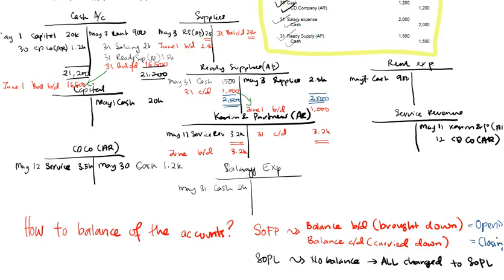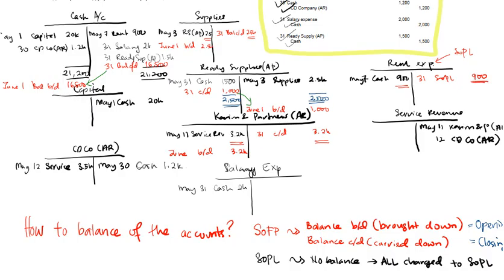Then, what about rent expense? Rent expense is one of the items that you will charge to the statement of profit or loss. So it will not have any balance at the end of the period because all will be charged to the statement of profit or loss.